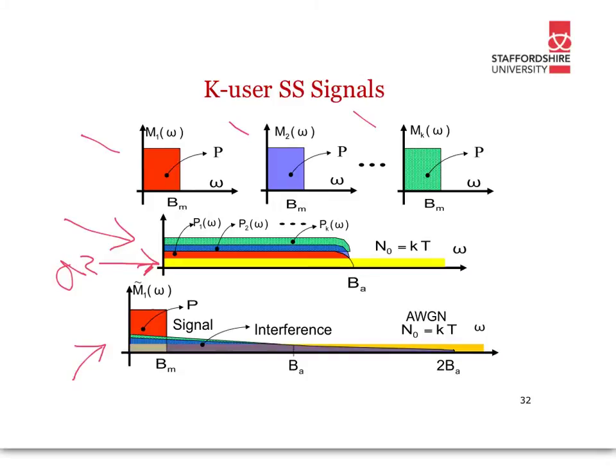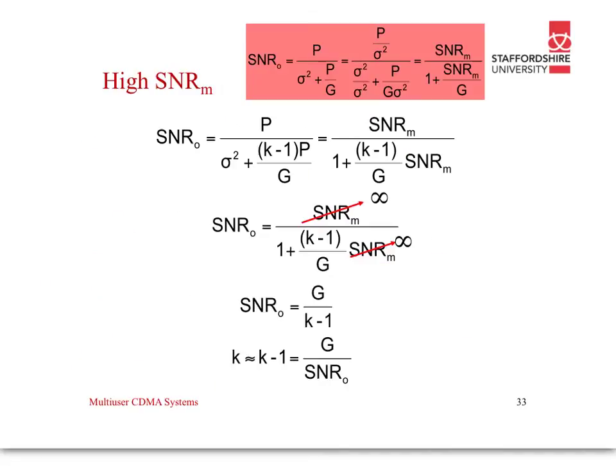We have the approximation here: the message signal from message 1 plus the noise, and then the interference from user 2 to user K. Obviously this goes on to a much higher bandwidth, twice BA, but we can use filters to only take into account the signal that we're interested in.